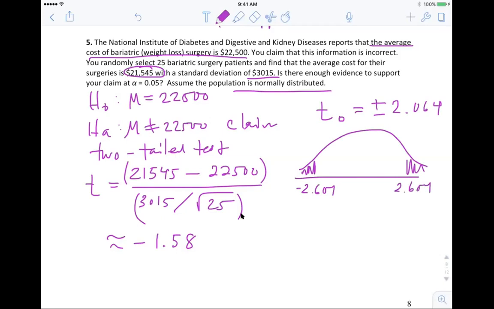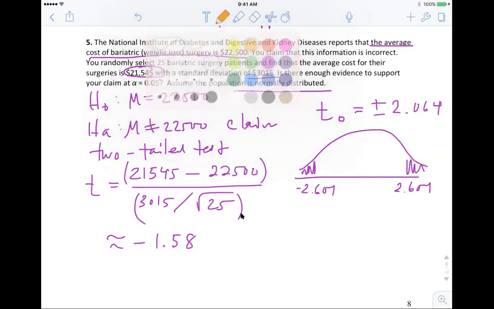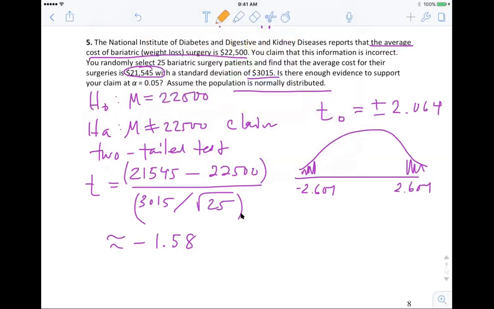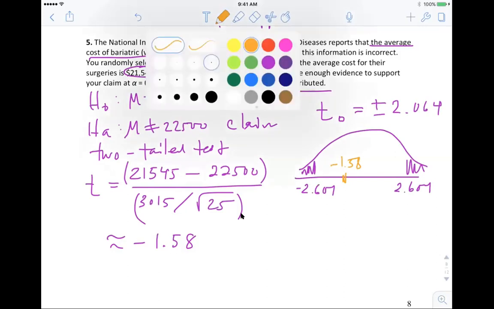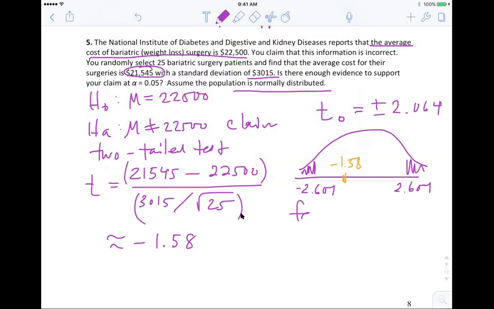And then now plot your t-score in there, negative 1.58, somewhere around there. It's just not in the shaded region. So if it's not in the shaded region, you always are going to write or choose fail to reject H sub 0. So this one seems similar to the last one.